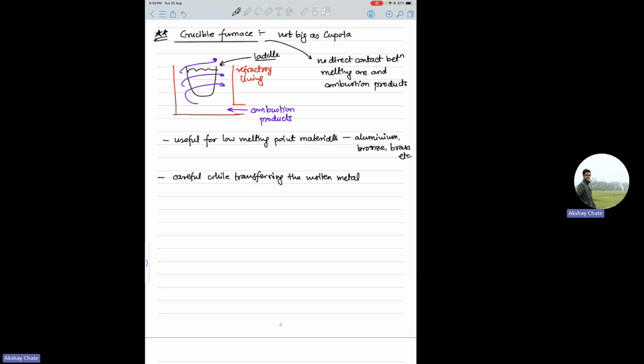I just saw about this, but I forgot where I saw the open hearth, I think it was in a book. Yeah, they are used for steel, etc. These open hearth ones, because you can go up to very high temperatures here.